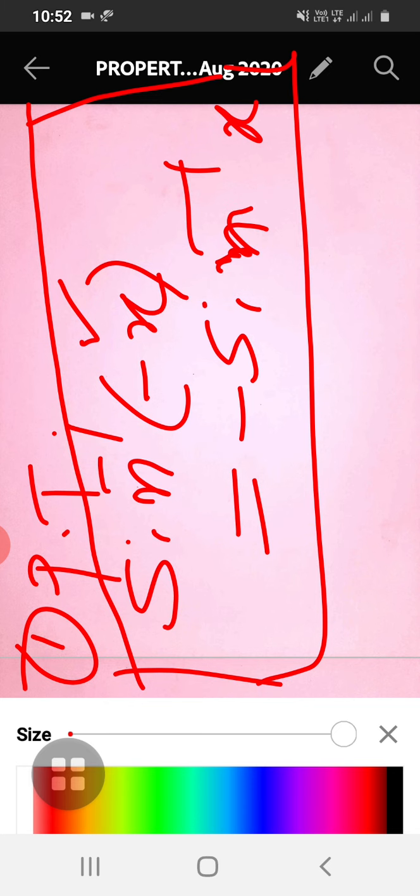Observe that we are discussing inverse trigonometric functions. These are not problems, these are simple properties. This is a 2 marks question. So we have to prove that sin inverse of minus x is equal to minus sin inverse x. This is the first property, so let us prove it.